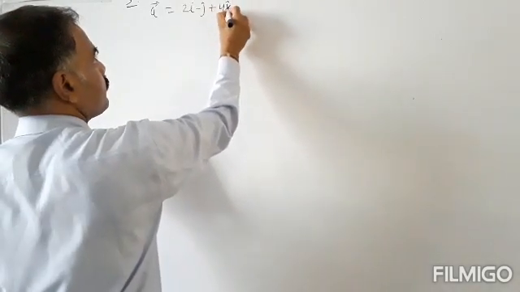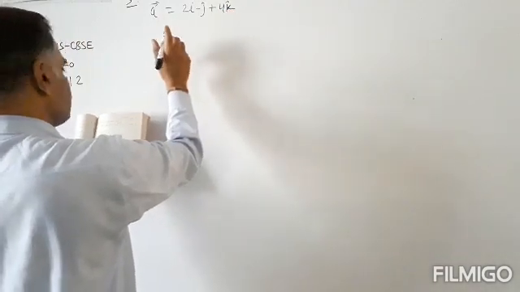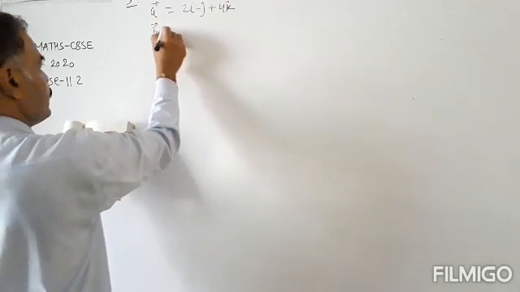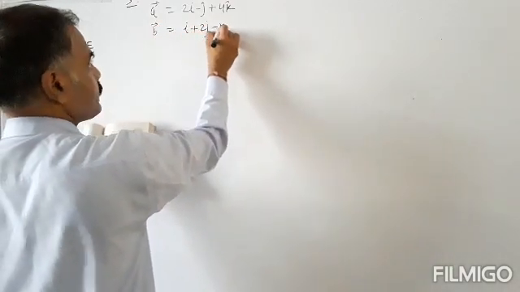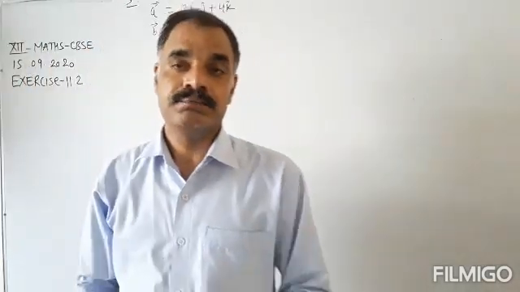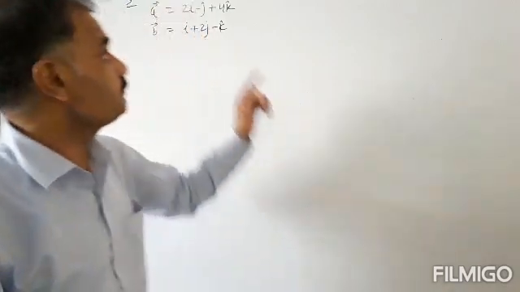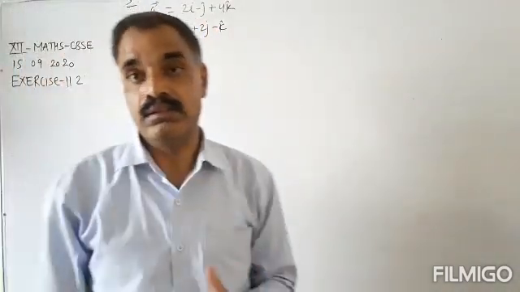This is the point, and the direction is given as b vector, i cap plus 2j cap minus k cap. So we have to find the equation of the line which passes through this point and is parallel to this vector.